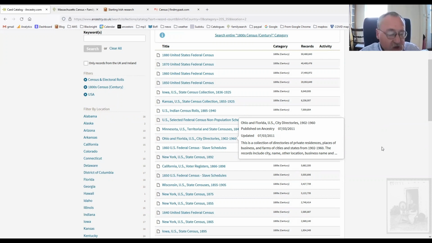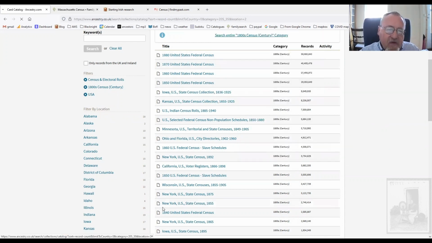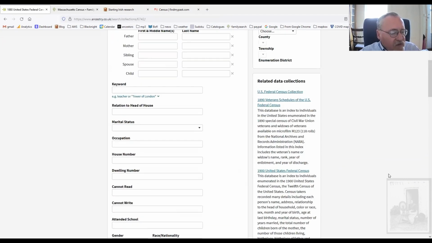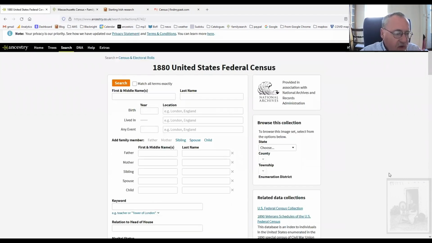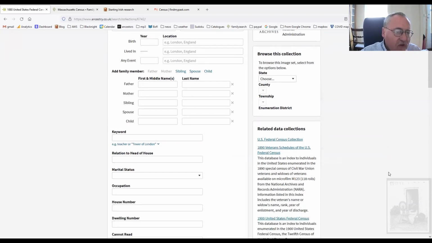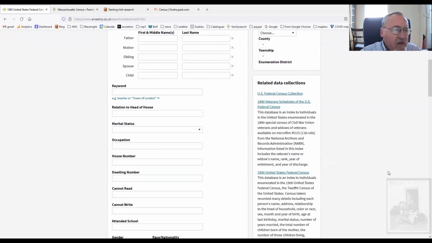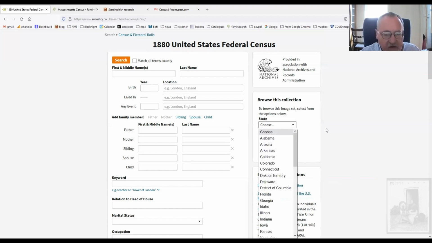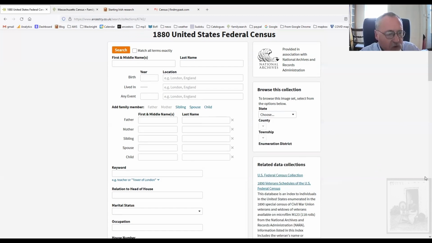You were talking about really, really big things. Let's take the US federal census from 1880 and have a look at the search. And you can see they have done a very good job of making as much as possible of the information collected searchable. And you can also browse by state and locality and township and so on.